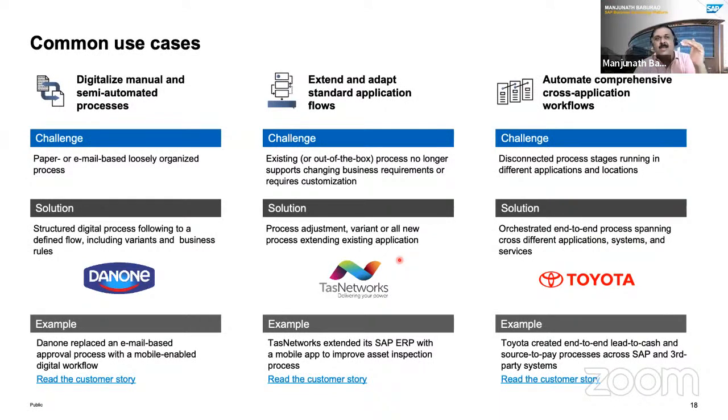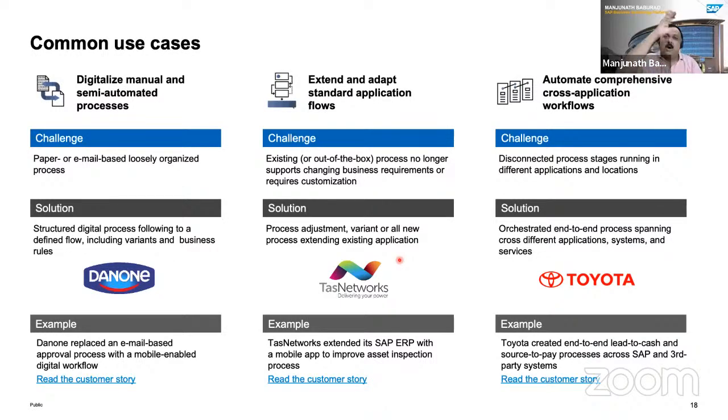For example, there is something that is paper-based or email-based. Somebody sends you an email, then somebody looks at that email, does a particular action, uploads that somewhere, sends a mail to another person for approval. So it's a semi-automated or a completely manual process, which can then be completely digitized using Build Process Automation. This is one common use case.